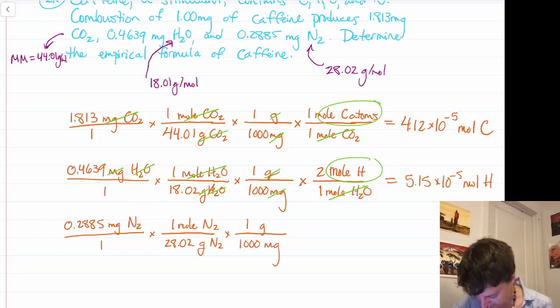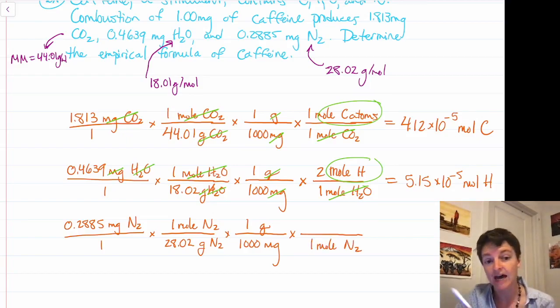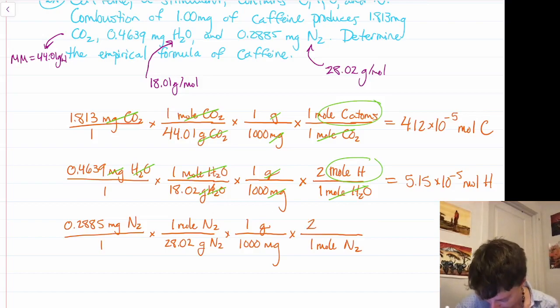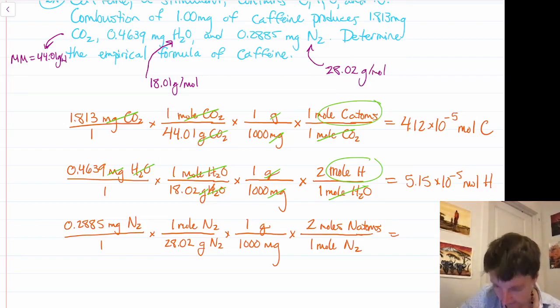I'm going to remember to take care of my milligrams to grams conversion. And then pretty similarly to how it worked with water, we know that for every 1 mole of diatomic nitrogen, we have 2 moles of nitrogen atoms present. Carrying that out in my calculator, I figure out that I have 2.06 times 10 to the negative 5th moles of nitrogen.